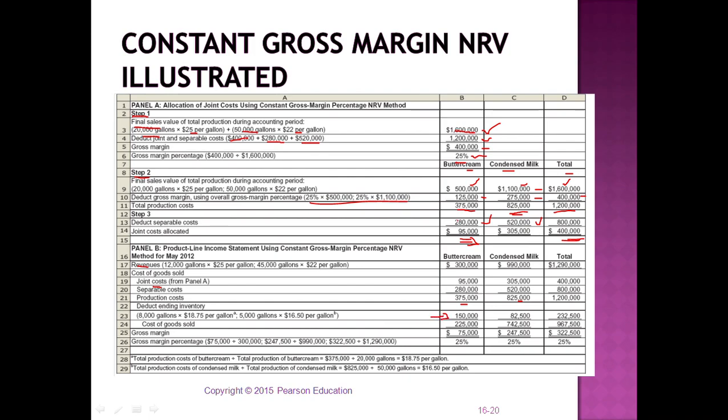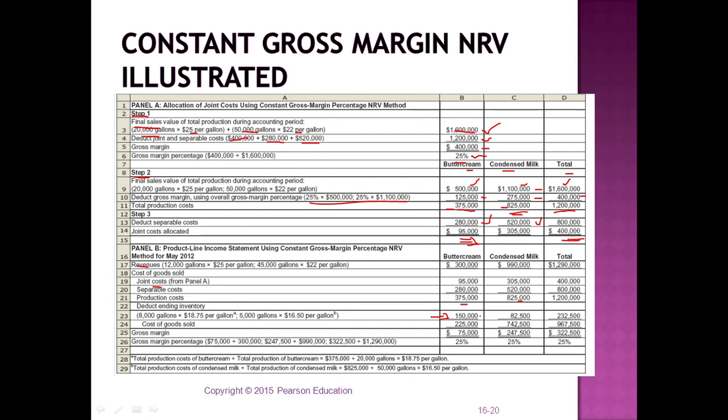So how do we calculate the cost per unit? That is $375,000, the total cost of production, isn't it? Divided by 20,000 units, and $825,000 divided by 50,000, multiplied by the number of units in stock, right? So we can use that. So we got 18.75 for the first product, that is buttercream.